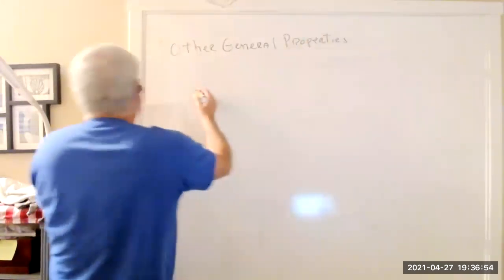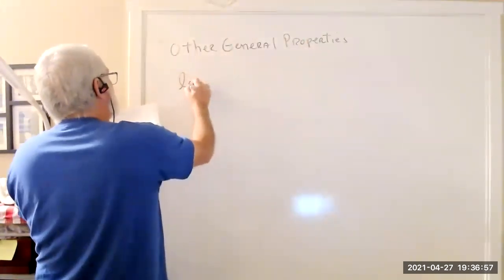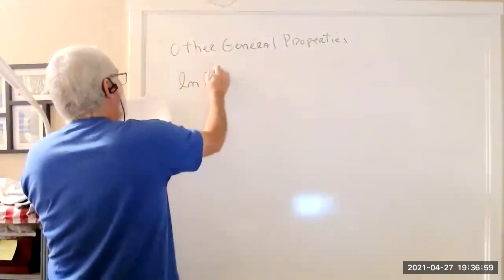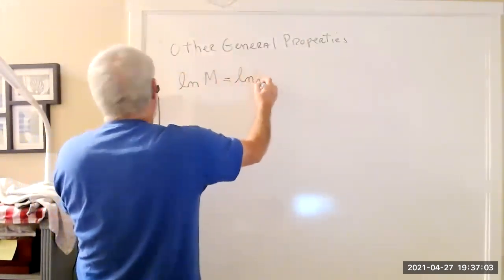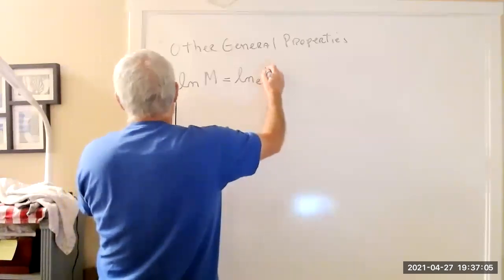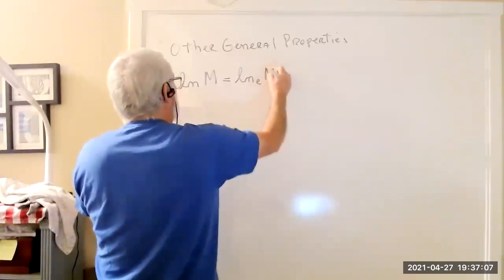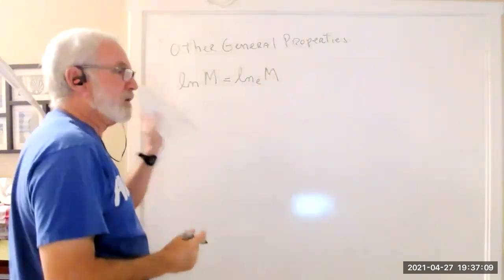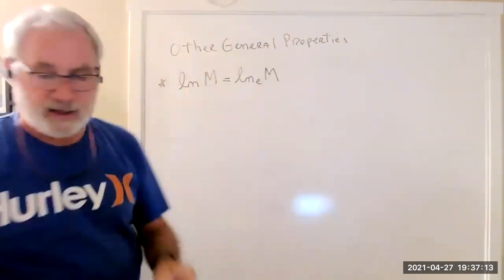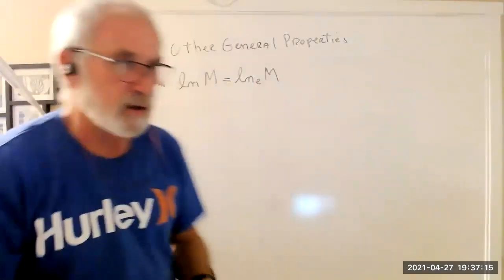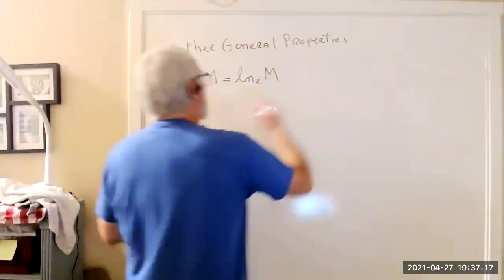If you look down, you'll see something that says the ln of m equals the ln of e, base e of m. If you printed this out, you should find that one. And that is wrong. He made a mistake. That is wrong.